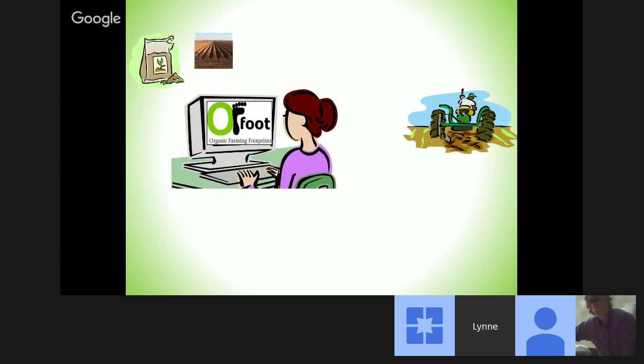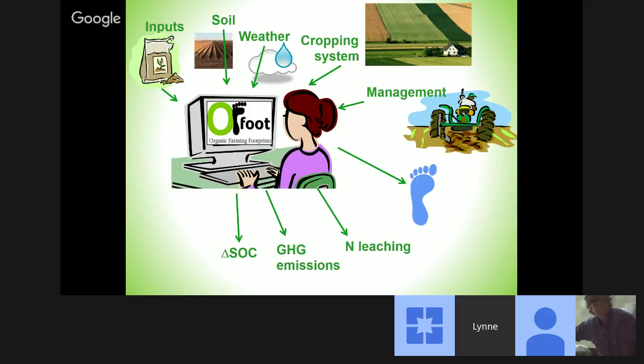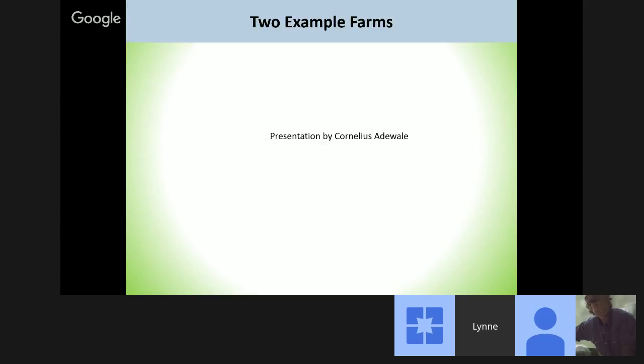A user logs in and puts in information about your location, activities, and inputs. The information that comes out is estimating your greenhouse gas emissions, soil carbon changes, nitrogen leaching, and essentially your footprint.